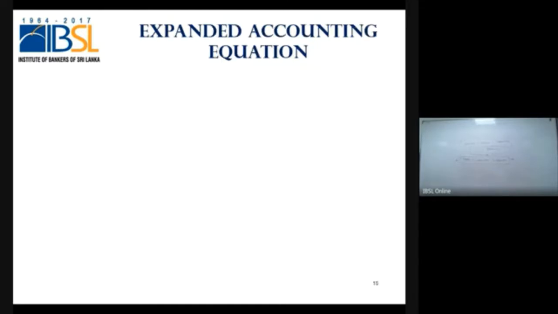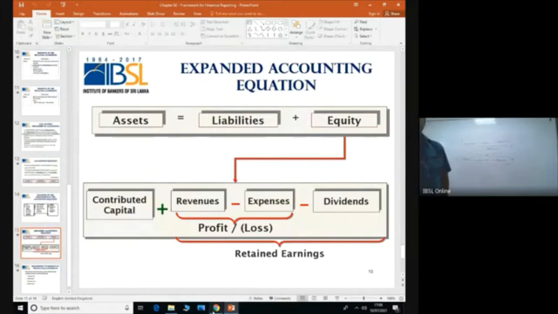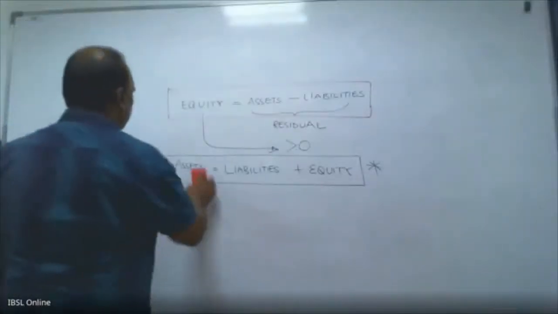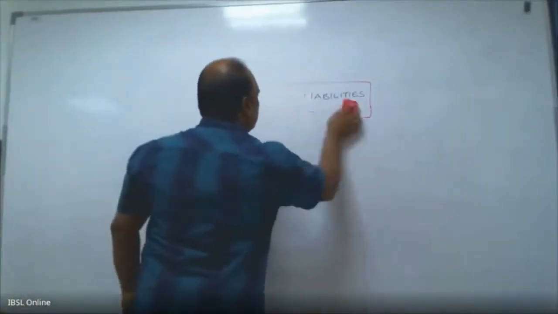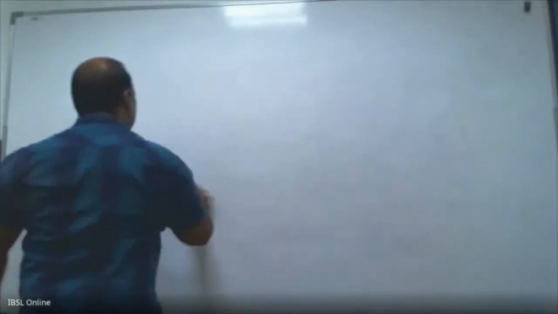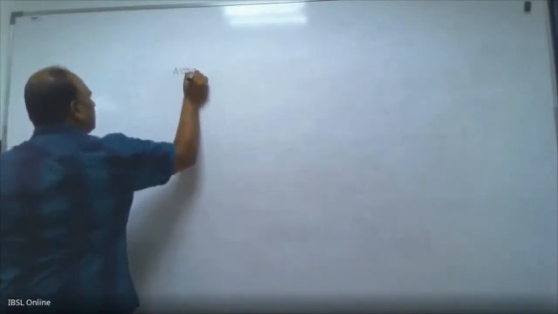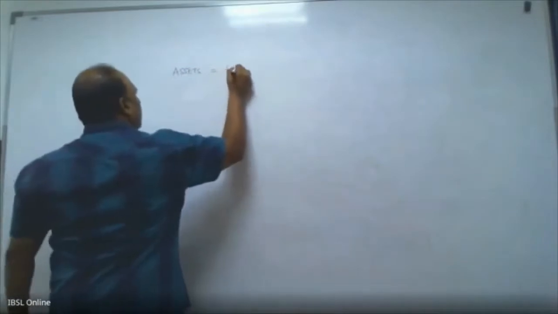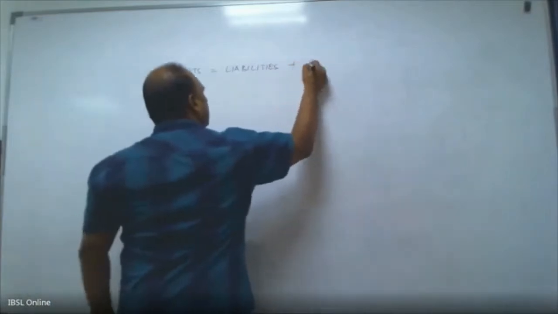Right. Now we look at the expanded accounting equation. So we know now assets equals liabilities plus equity.